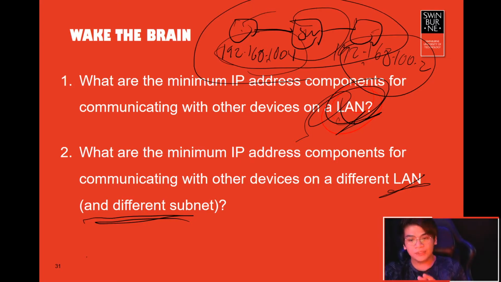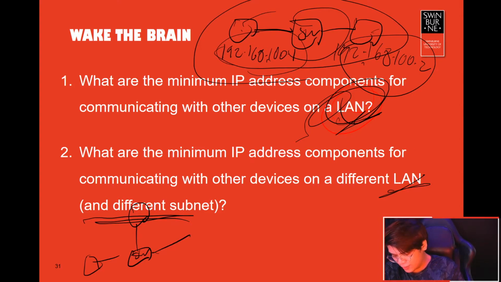So we need a router for the LAN to communicate outside of the network. You have your computer, a switch, maybe more computers, and then a router before going to a different network.